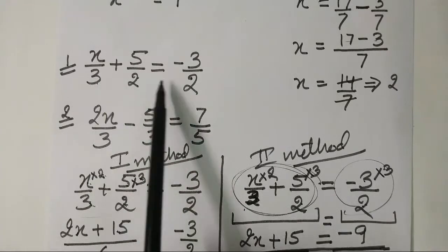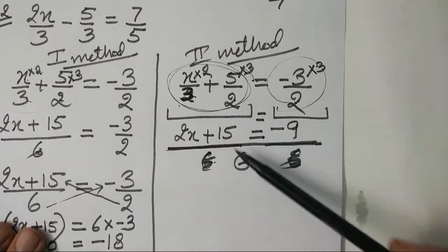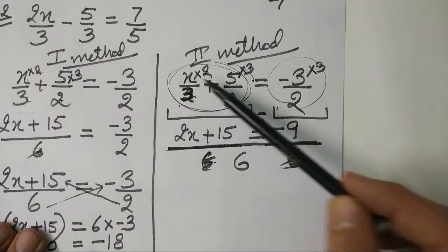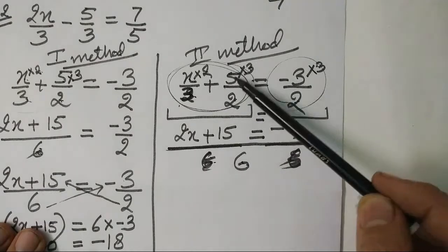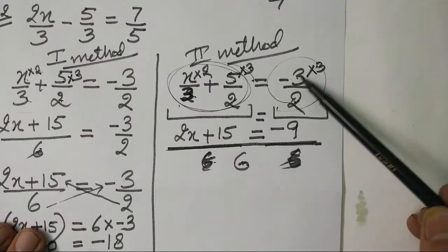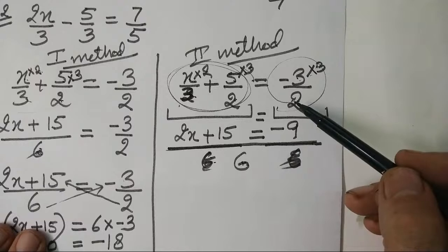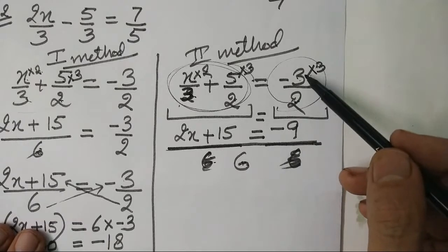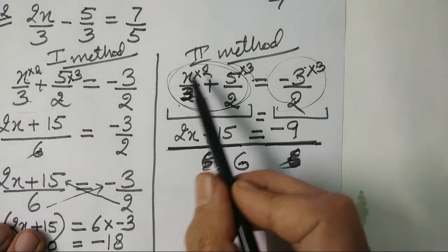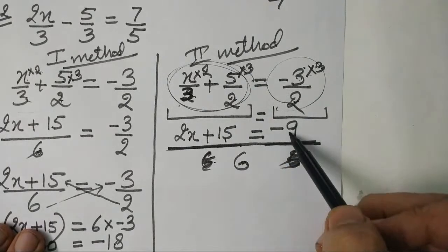You will divide and solve for both sides. 3 divides 6 to give 2, so 2 into x. 2 divides 6 to give 3, so 3 into 5. 2 divides 6 to give 3, so 3 into 3. In fractions the denominator is divided and then we multiply the answer by the numerator. So 2 into x is 2x, 5 into 3 is 15, 3 into 3 is minus 9.